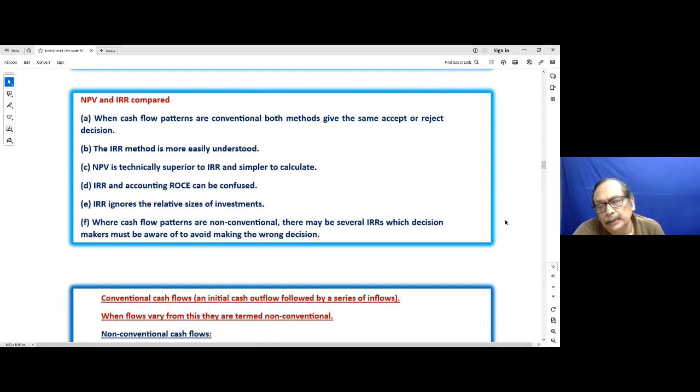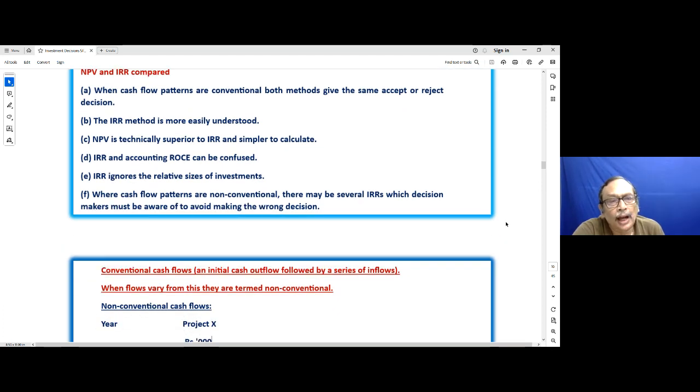IRR, or accounting rate of return or return on capital employed, can be confused. IRR ignores the relative sizes of investments. Where cash flow patterns are non-conventional, there may be several IRRs which decision makers must be aware of to avoid making wrong decisions.